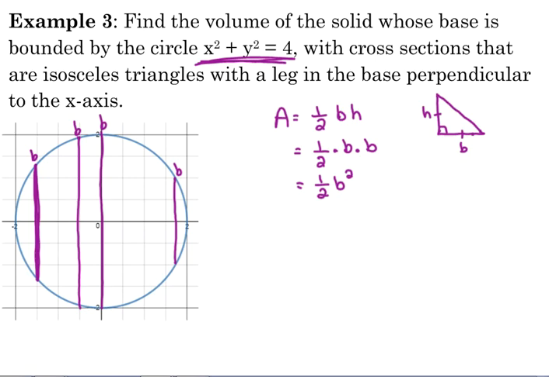Now, since our cross sections are perpendicular to the x-axis, we need to write that equation so that it is solved for y. We need it in terms of x, meaning that it's solved for y. So we subtract the x squared, and we take the square root.